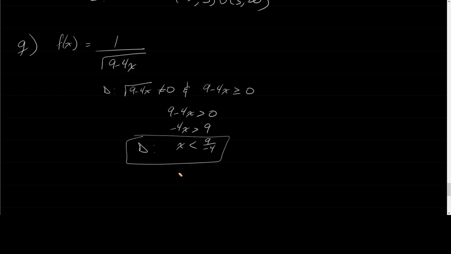In interval notation, that would say from negative infinity to negative 9/4, not including negative 9/4. And in set builder notation, the domain would be the set of all x in the real numbers such that x is less than negative 9/4. Cool.